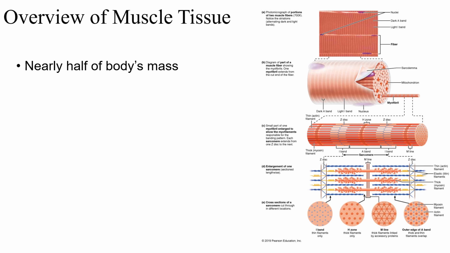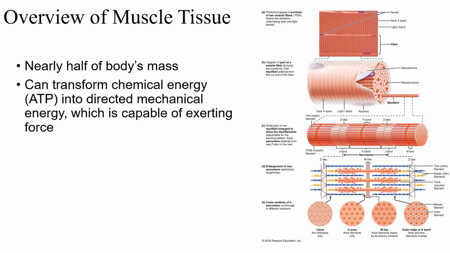So muscles are going to comprise nearly half of your body mass. And muscles are going to be able to take ATP and transform it into actual work. We can go through the process of cellular respiration and all that type of stuff where we go from glucose to ATP.